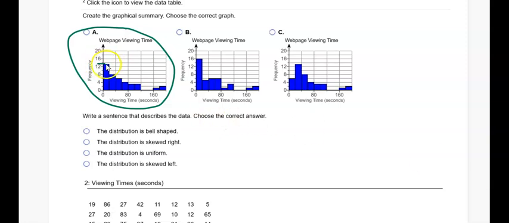Obviously this data is skewed right, because there are more smaller values in the data set. So this is called skewed right. This is the option for the second part. Describe the data as skewed right.